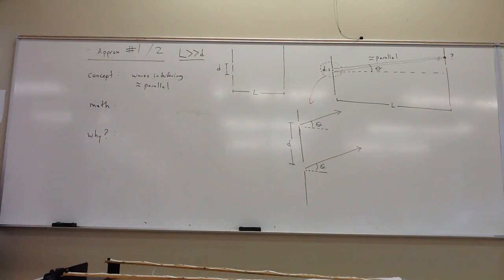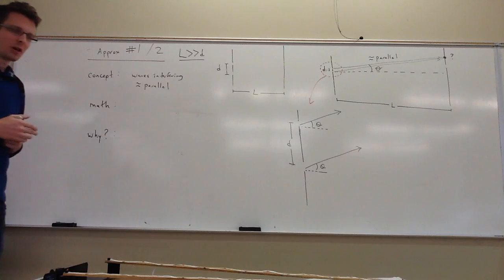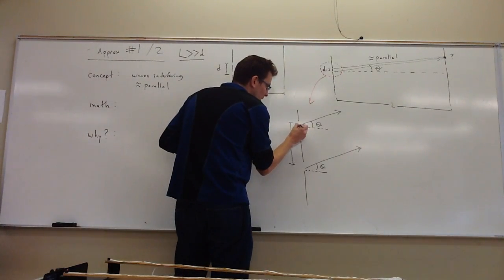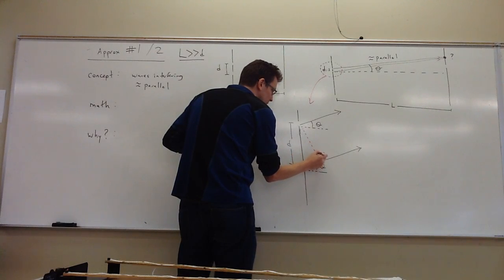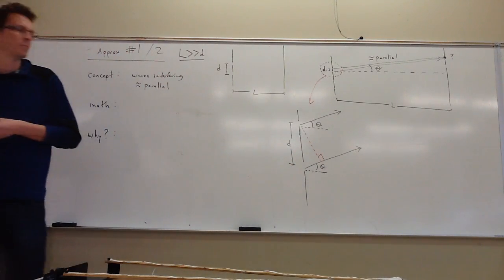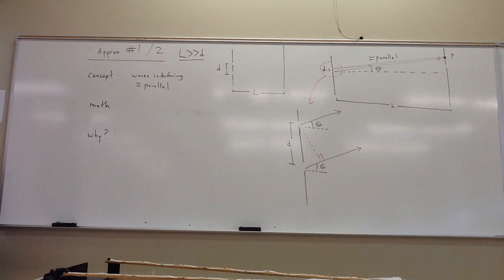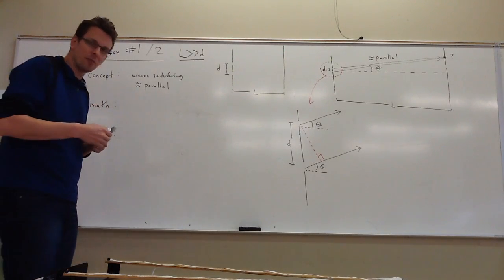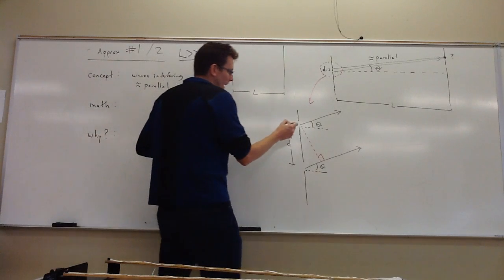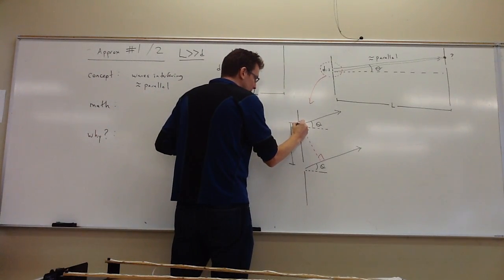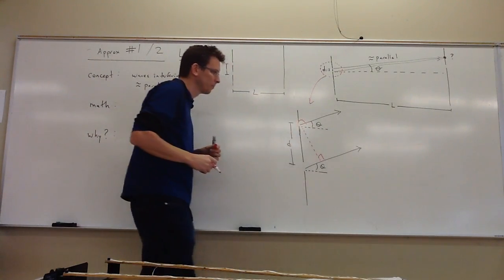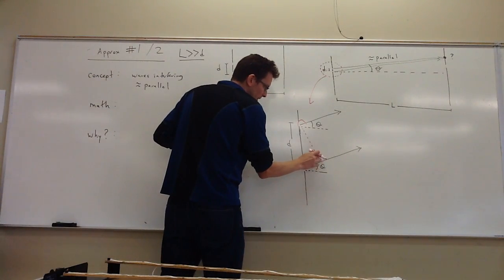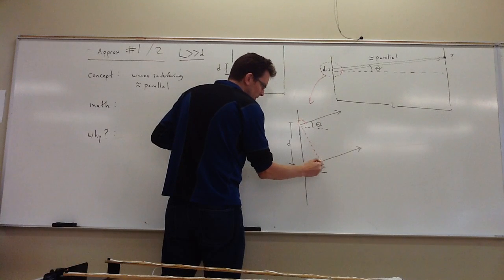So one of the things I can do here is drop a perpendicular from one light ray to the other, something like this. So what does that do for me? Well, here's my point. Let's say I had a crest coming out of this slit at this moment. Let me erase the perpendicular for a second.